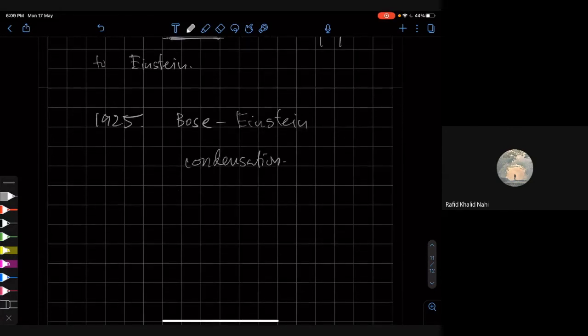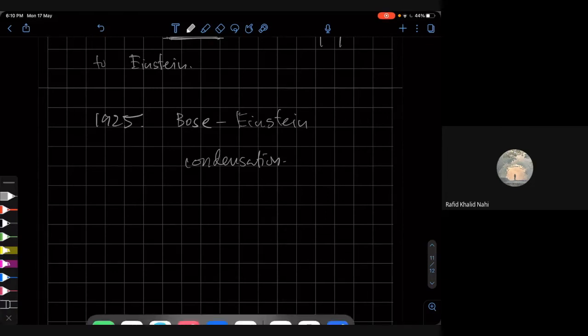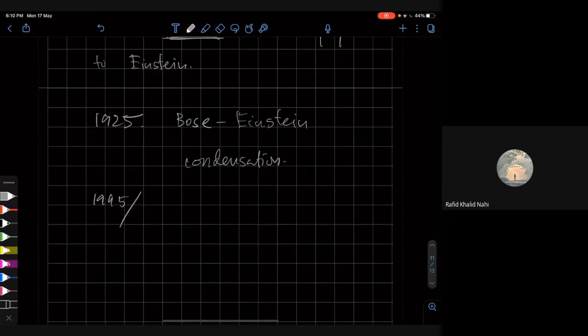Okay, so Einstein discovers Bose-Einstein statistics, and then for many, many years, no one was able to show whether Bose-Einstein statistics exists in nature. And in 1995, two groups, one at the University of Colorado at Boulder in the US, another one at MIT.